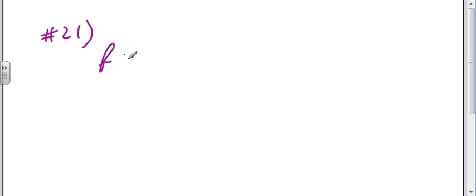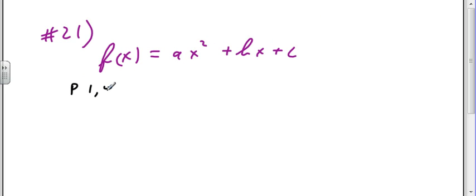So f of x is equal to ax squared plus bx plus c. All right, and I know it passes through the point 1, 4. That being the case, 4 is equal to, because f of x is y, right? So 4 is equal to a plus b plus c.